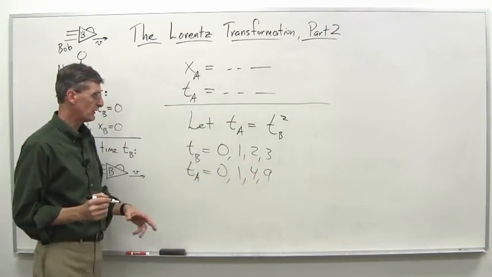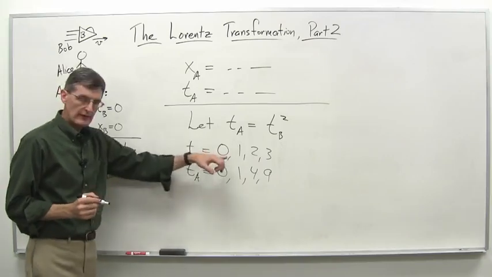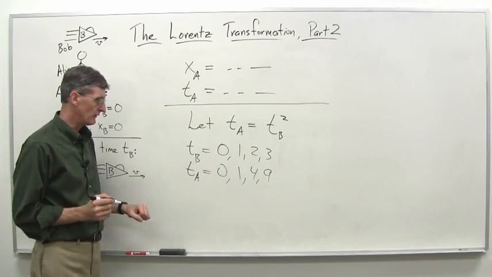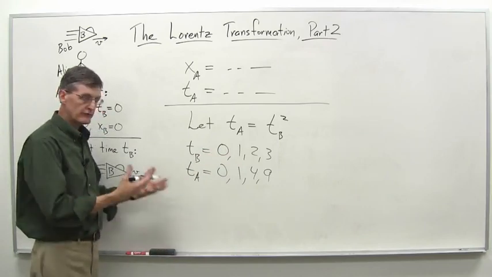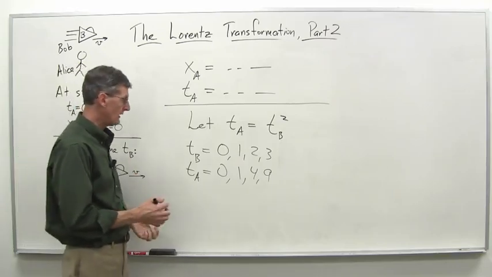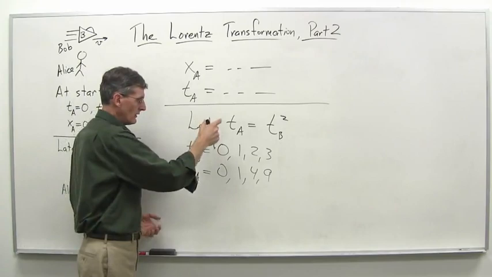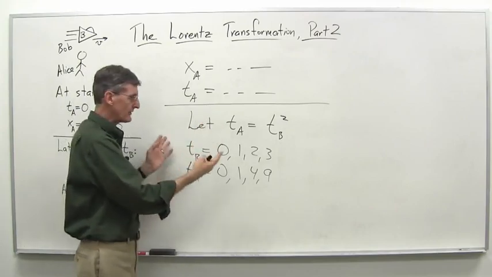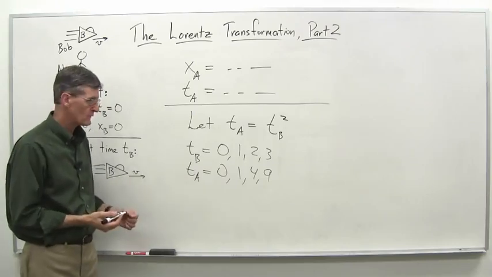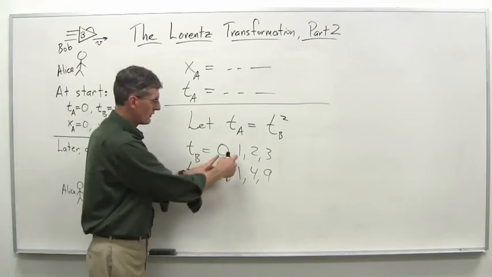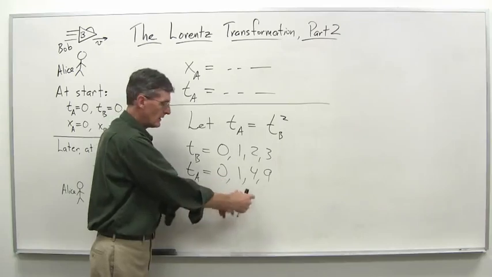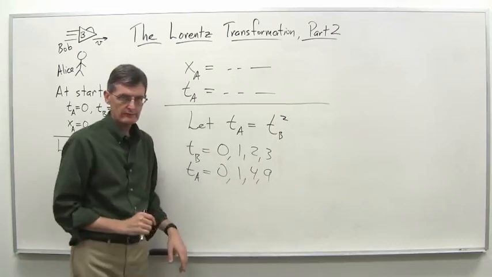Plug in the values, and we get the TA values there. It's a little strange here. In fact, the point we're going to make is that the distances between ticks on our clocks have to be uniform. Note the distance here: I've got 1, 1, 1. Here I've got 1, 3, 5.